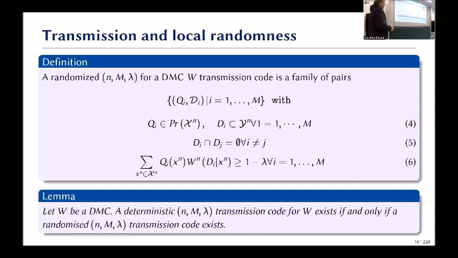Then we can define a code, a transmission code, in the following way. Instead of having a codeword for each message i, we have a probability distribution on the code words.